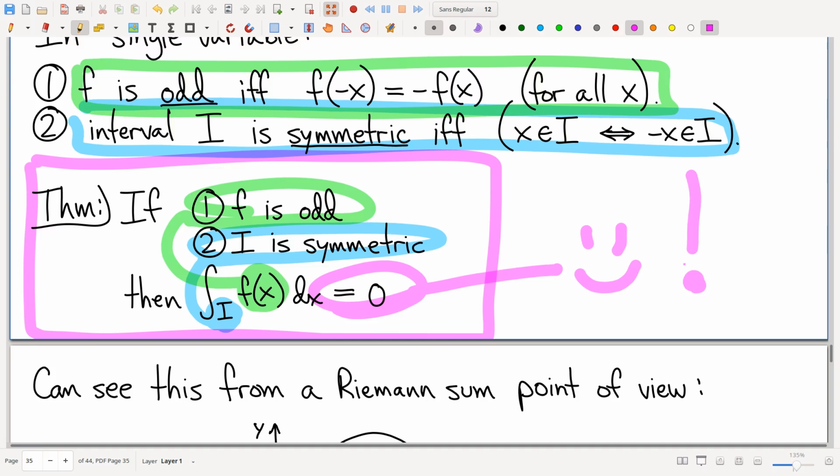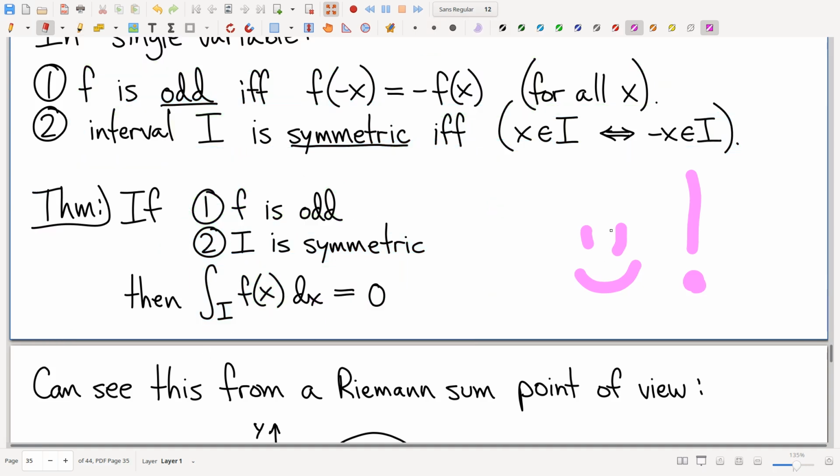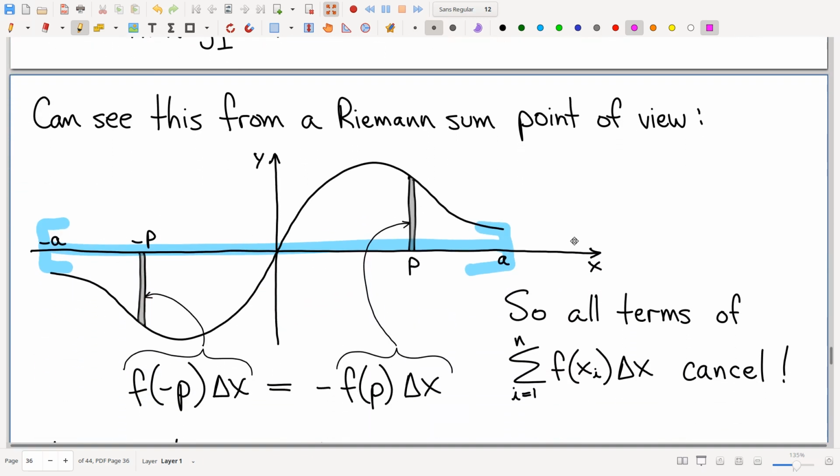Now, I know that in single variable calculus it doesn't really come up that much, but in multivariable calculus this actually comes up quite a bit. So what we're going to do is generalize this to a multivariable setting, and in order to do so, the first thing I want to do is make sure we understand why this is true.